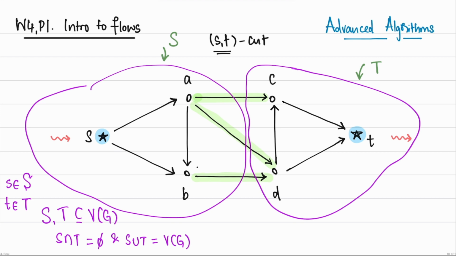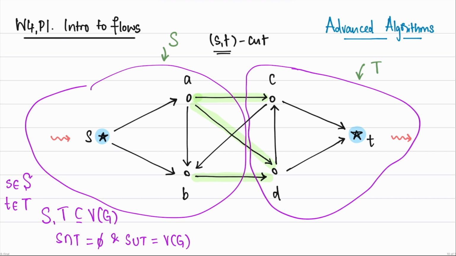So for example, if this network had an edge going like that, I wouldn't particularly look at it in the context of the ST cut. So I'm really interested in edges that are going from S to T, and all of these edges here are said to belong to this cut.